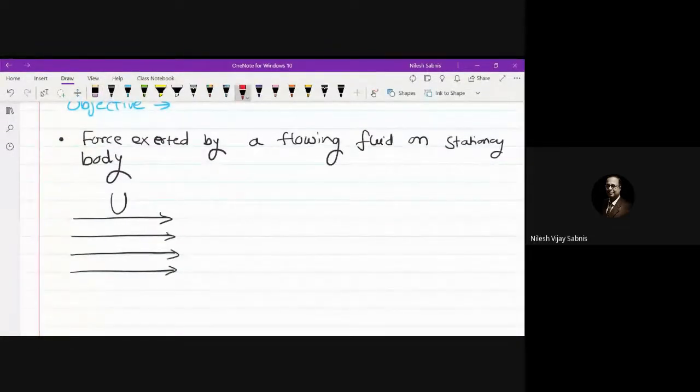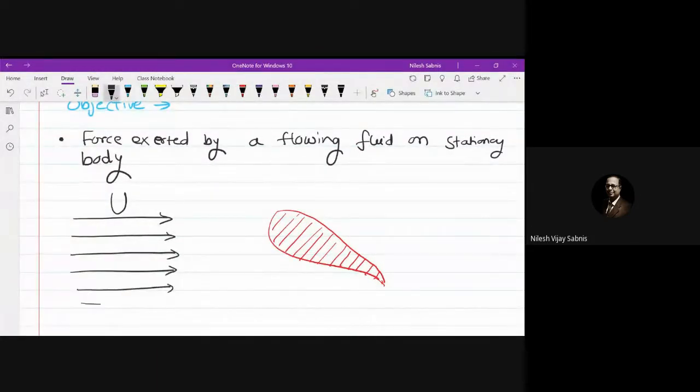In that flow, we are having one solid body, and this solid body is stationary. It is not moving. We have considered an aerofoil shape solid body. When fluid exerts force on a stationary body, what will happen?